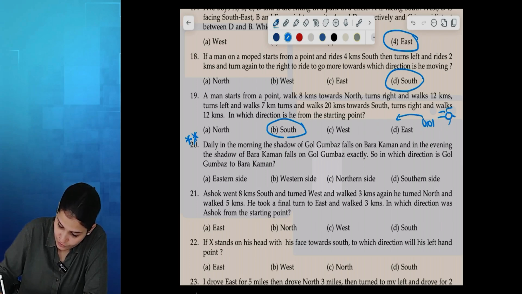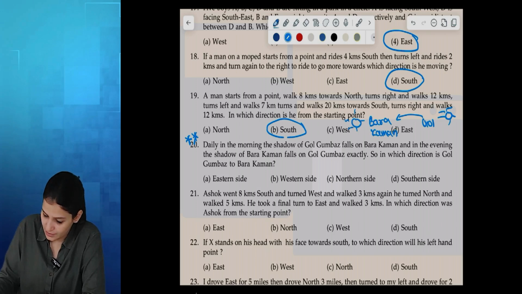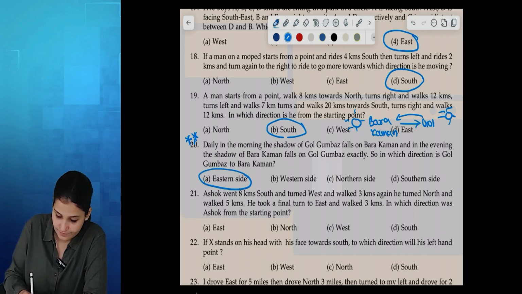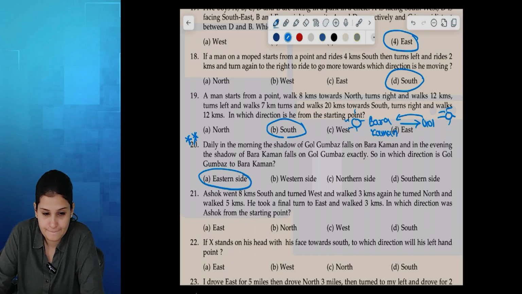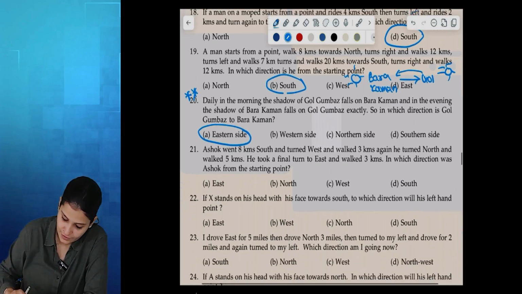Its shadow falls on Bara Kaman. And that's why when it is evening, the shadow will fall from here. So, in which direction is Gol Gumbaz to Bara Kaman? Eastern side. Is it okay, guys? Yes, ma'am.